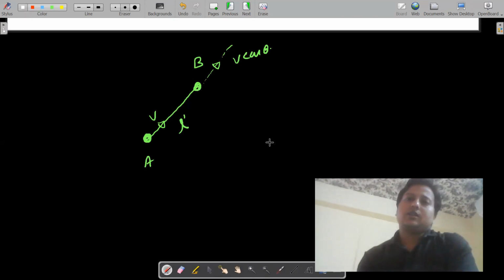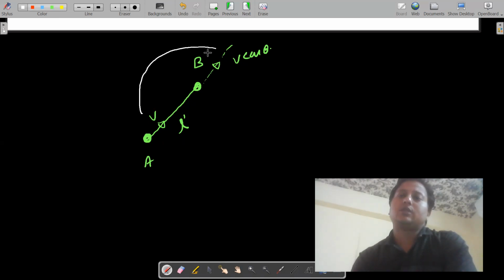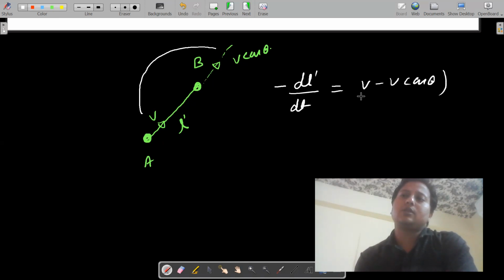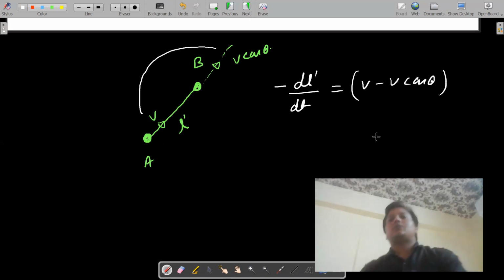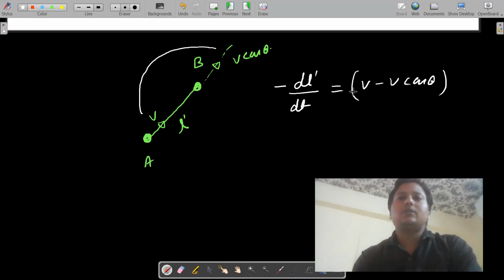This distance L dash is decreasing continuously due to the relative motion between v and u cos theta. So we can use minus dL dash over dt equals v minus u cos theta. Sorry, this speed is v and this speed is u.